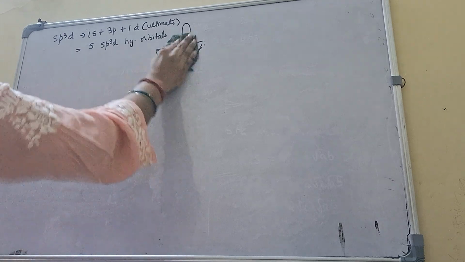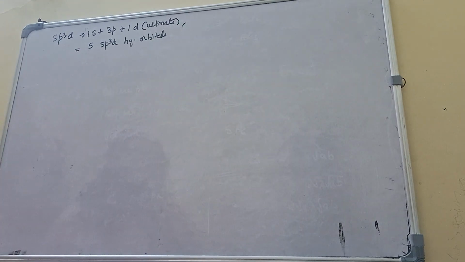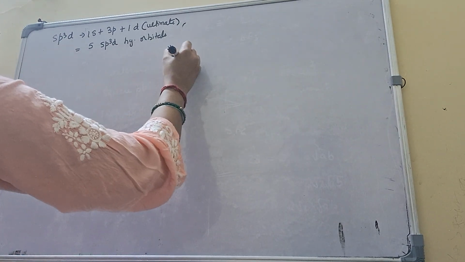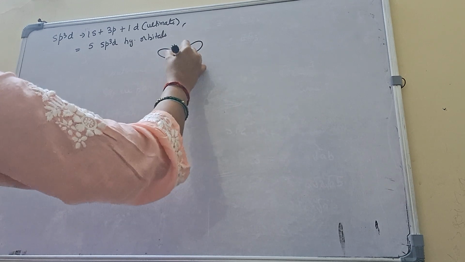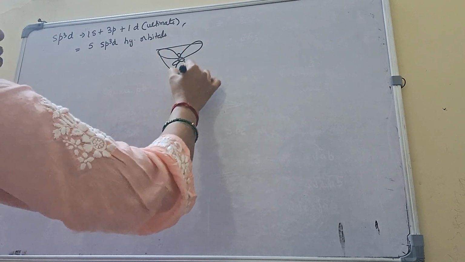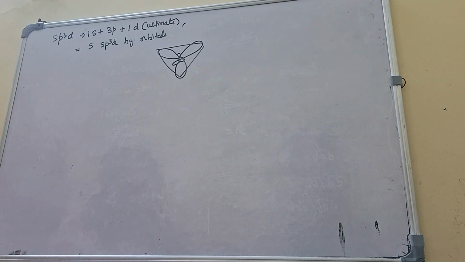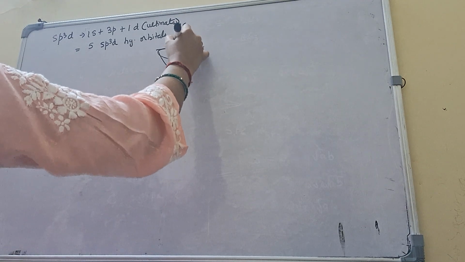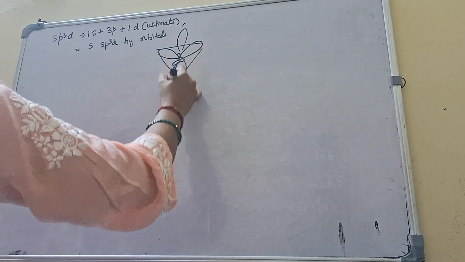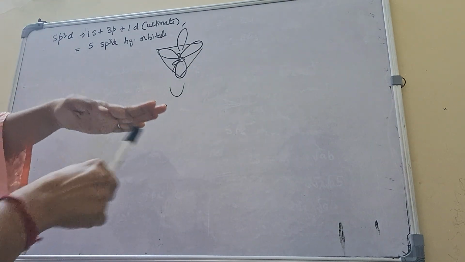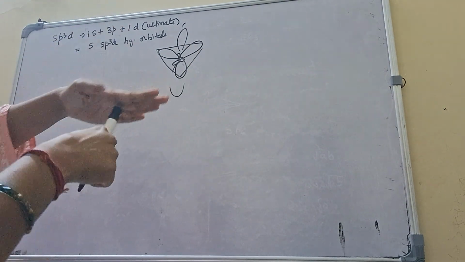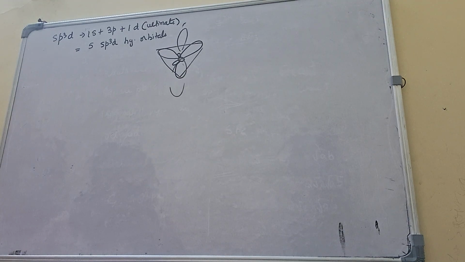Let me still try. So this is 1, 2 and 3. If we join, you will have an equatorial plane, and the remaining 2 are perpendicular like this. The 3 are in this plane, one is on top and one on the bottom. That's how it is.